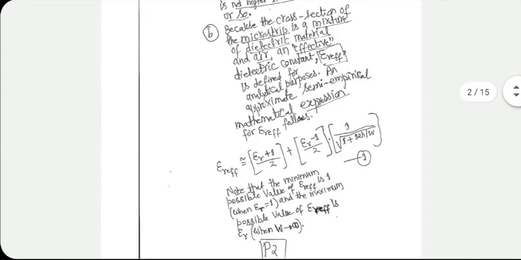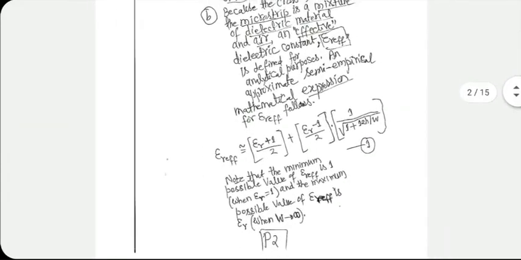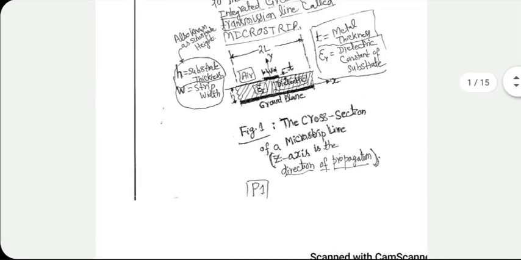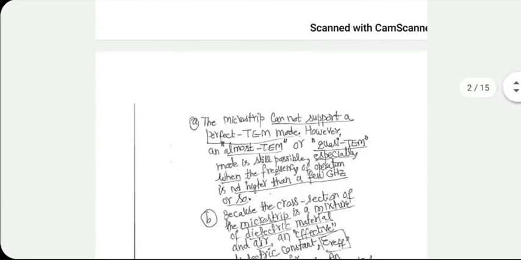As I was telling you last time, the maximum possible value of epsilon r effective is epsilon r, which will occur when W goes to infinity. That means you'll get a parallel plate capacitor. The minimum value is 1, which will happen when even the bottom half is filled with air. In that case, we have uniform cross section.